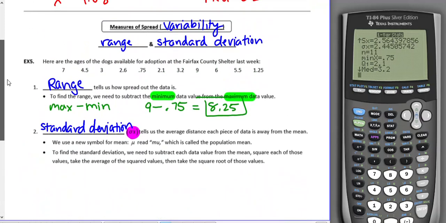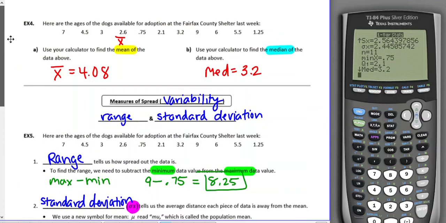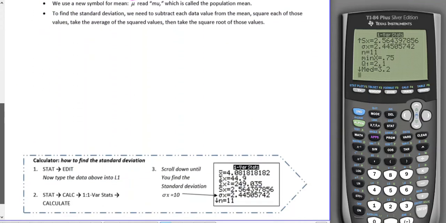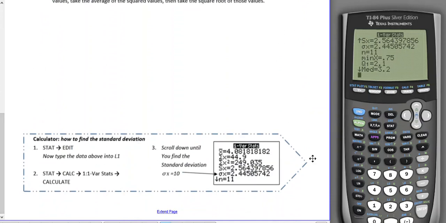We are still using the same data that we had from example 4 when we practiced finding the mean and the median. So it's already in our calculator, but let's just go through the steps. If we hit Stat, Edit, we have all of our values in there. So we go to step 2, Stat, Calc, 1 Var Stats, hit Enter, go to Calculate, and now we are looking for the sigma hat.